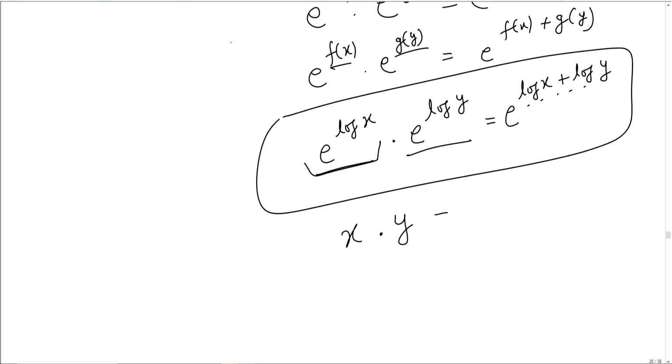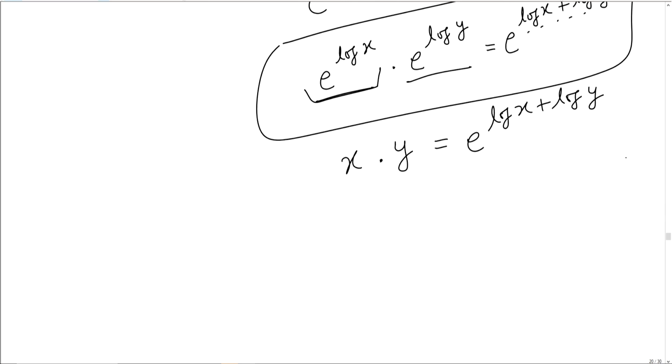That is the only constraint here. And this should be equal to e to the power log x plus log y. Okay. This can also be rewritten as e to the power log of x into y.